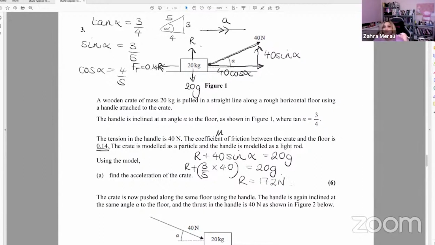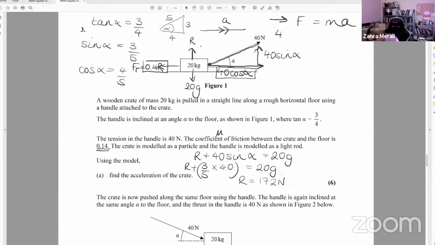And then we're going to do F equals ma in the direction of acceleration. So going in the direction of acceleration, we've got this force, and going away from it, we've got this force. So F equals ma in the direction of acceleration.